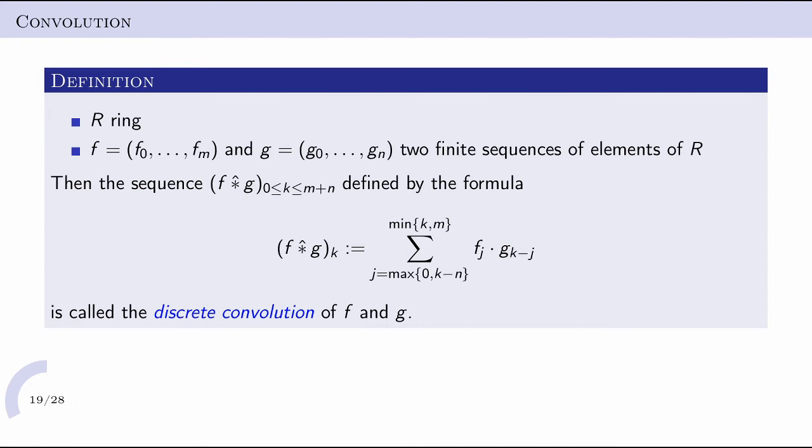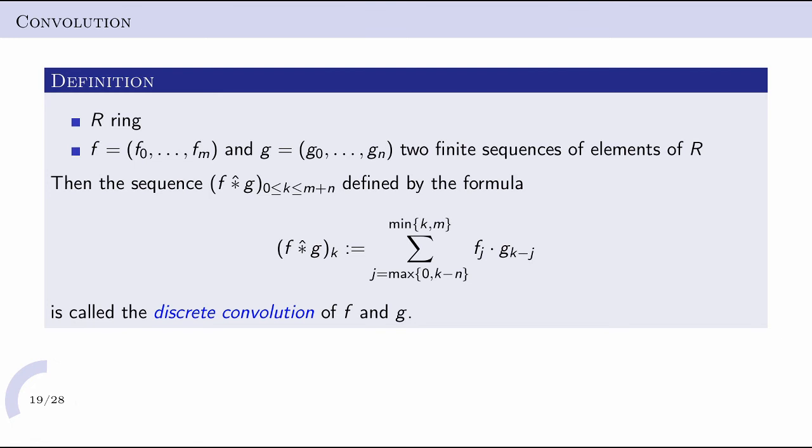Now the discrete convolution, which here for a moment I just denote with star hat to distinguish it from the analytic convolution, is as follows. Before we had an integral, so now in place of the integral we have a sum. The sequences are finite, so it does not make sense to sum from minus infinity to plus infinity, because the non-zero elements are only those which correspond to the indices where f and g are defined.